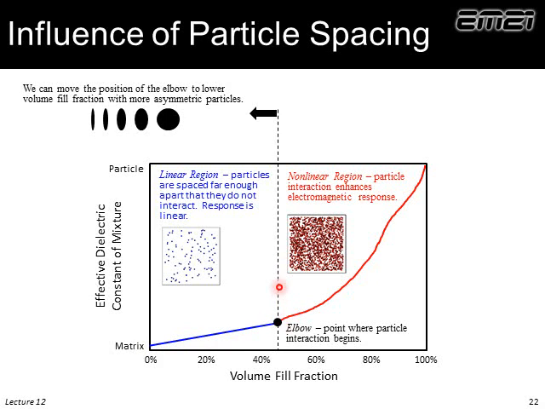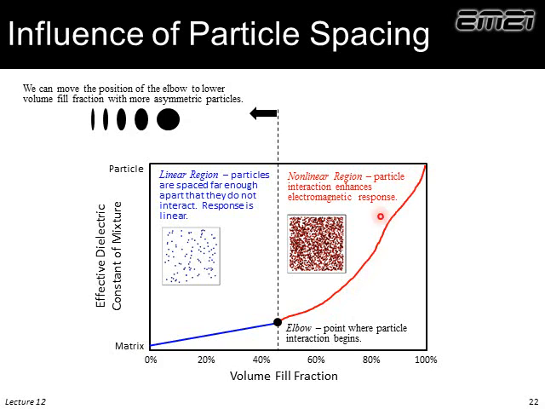However, at some critical point that we'll call the elbow, the particles are now spaced close enough that there's this mutual coupling, and one particle is helping to perturb the field around the other. A different set of physics takes over. And in fact, the effect on the dielectric constant, or the average material properties, really takes off exponentially.